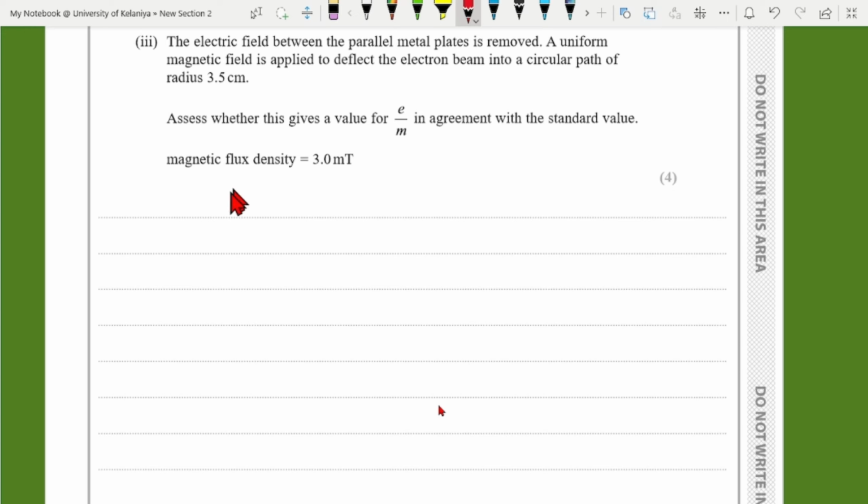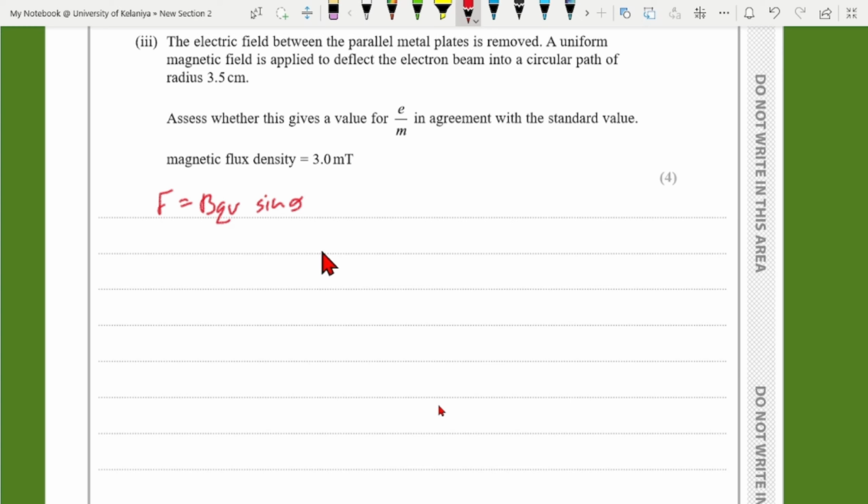I hope you remember this equation: F equals Bqv sine theta. If there's a moving charge inside a magnetic field, there will be a force, and we can find its magnitude by using Bqv sine theta. Here you don't need to worry about theta.